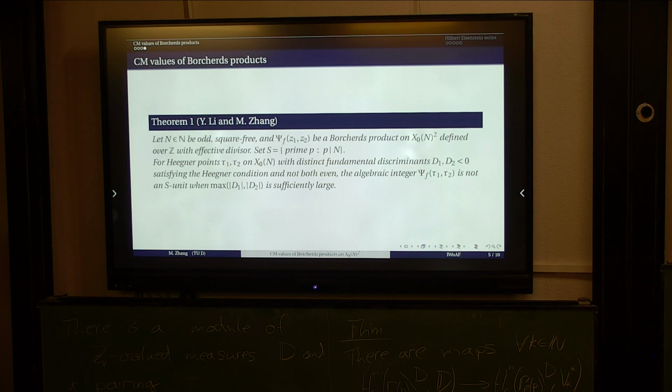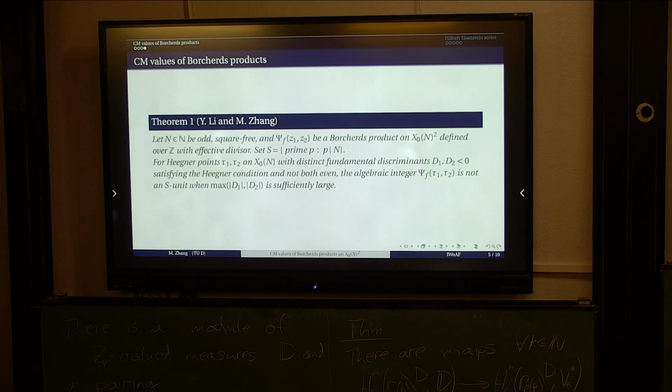So for Heegner points tau 1, tau 2 with negative distinct fundamental discriminants satisfying the Heegner condition and not both even, then the CM value of the Borcherds product is not an S-unit when the maximum of the absolute values of D1, D2 is sufficiently large. Here S is the set of primes dividing n.